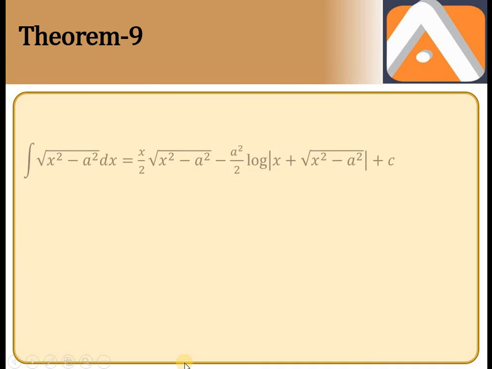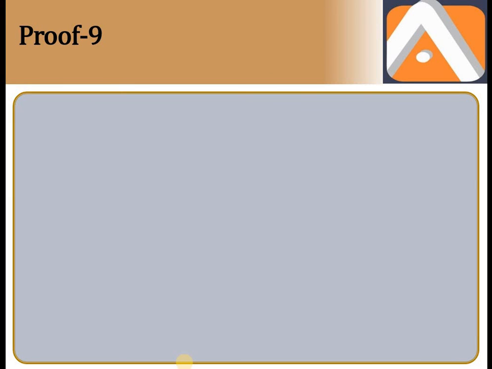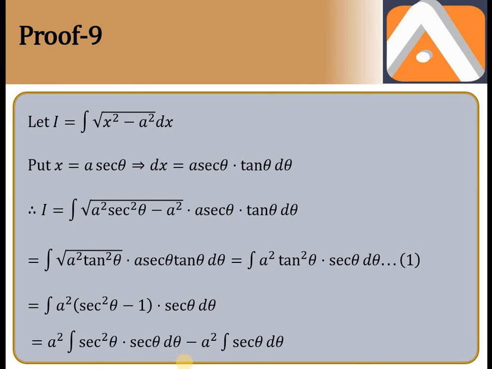So next, here one more formula, under root of x square minus a square. So here x is equal to what we are going to take, a sec theta, because secant square theta minus 1 is tan square theta. So see here x is equal to a sec theta, dx is equal to a sec theta into tan theta d theta.